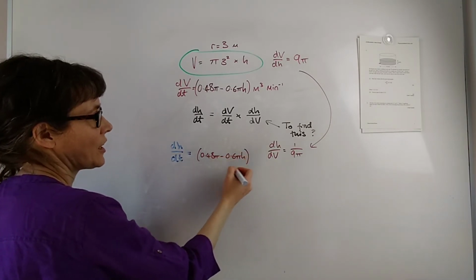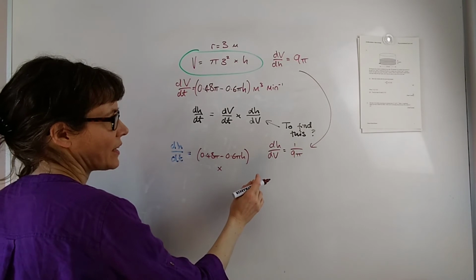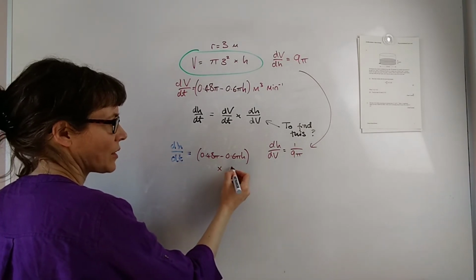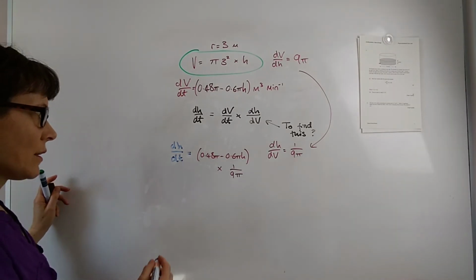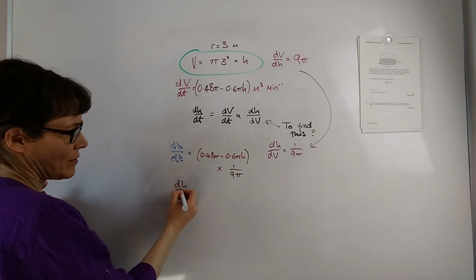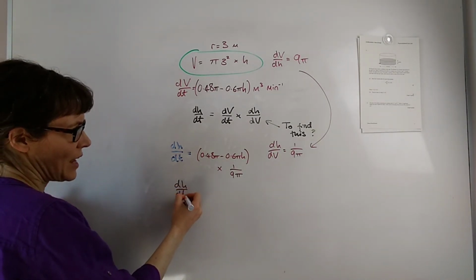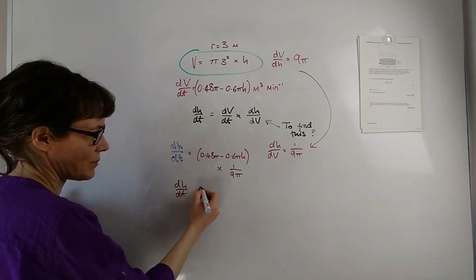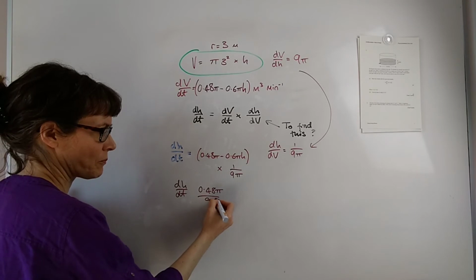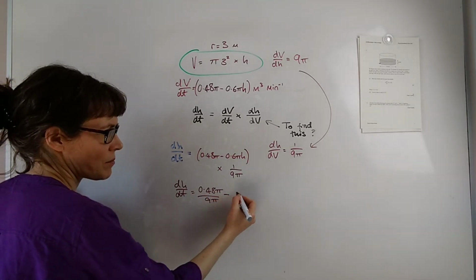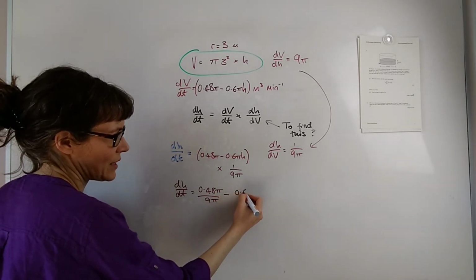So I think basically we can multiply it through: minus 0.6 pi h over 9 pi. And all they've done is manipulate that a little bit to get it into the form that they've got. Kind of on the home straight here.